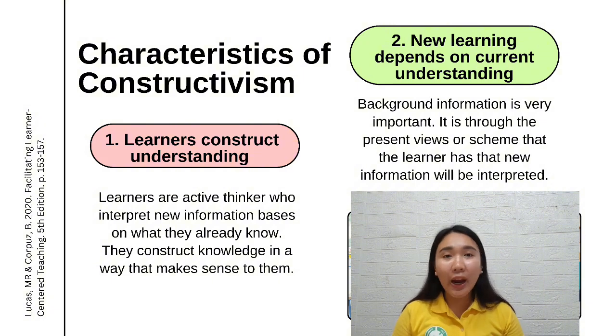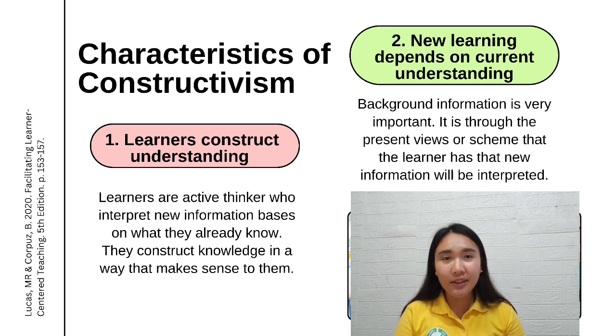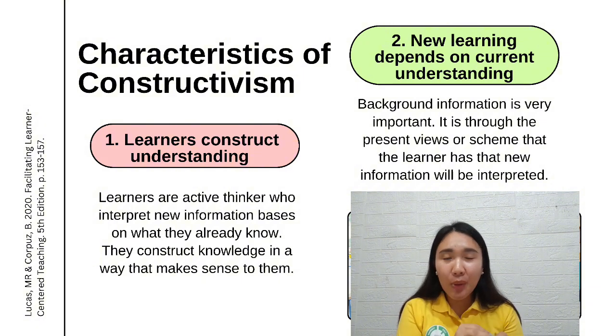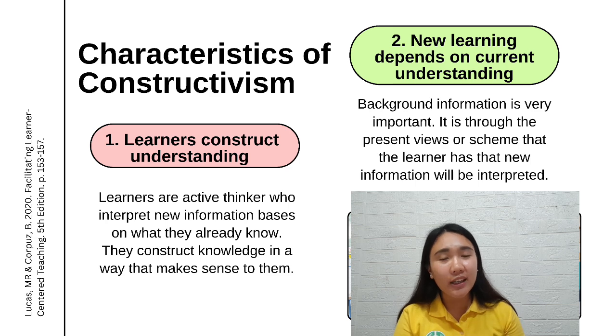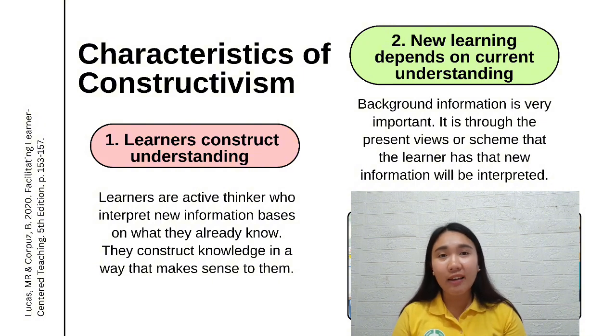So our existing knowledge acts as a filter, influencing how we interpret new ideas. Also, background is very important, wherein this background serves as our foundation for understanding new concepts, and our present views or schemes emphasize the mental structures or frameworks we use to organize our knowledge. These schemes help us make sense of new information by connecting it to what we already understand.